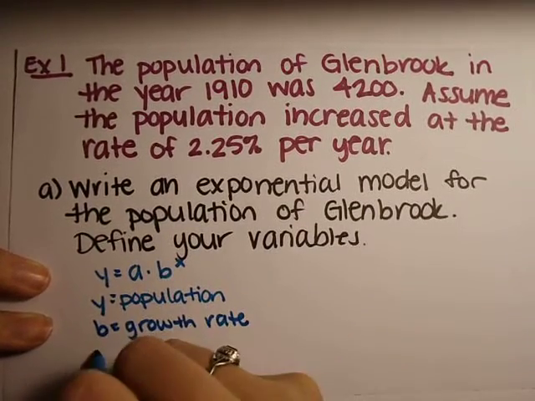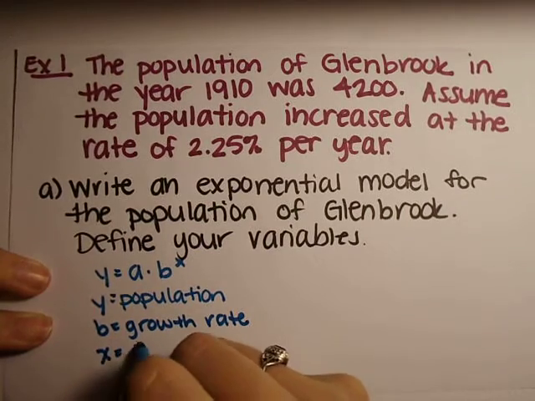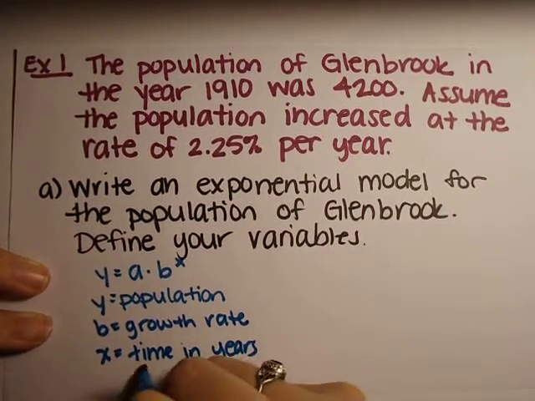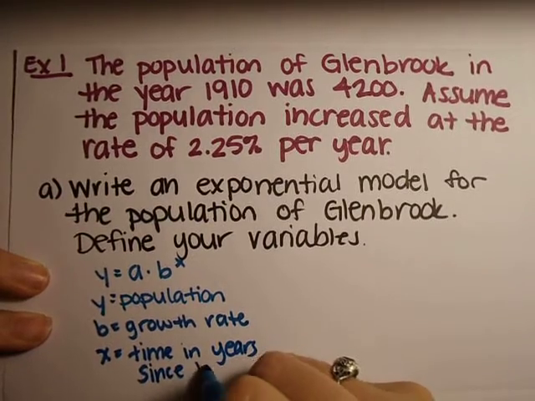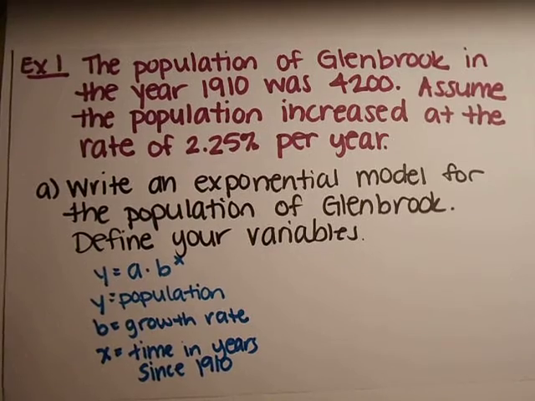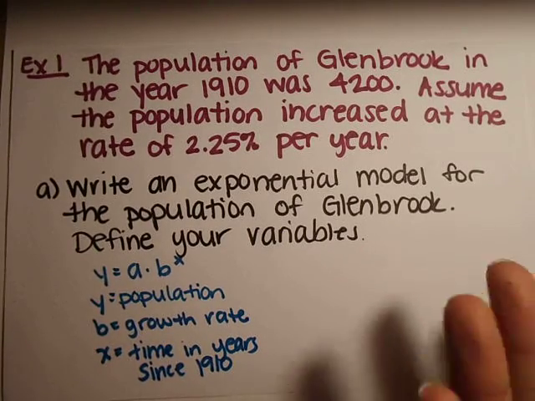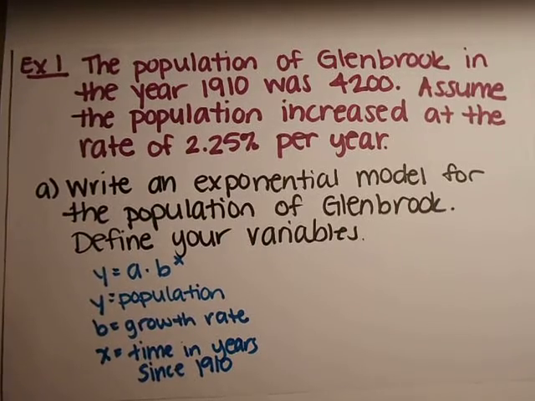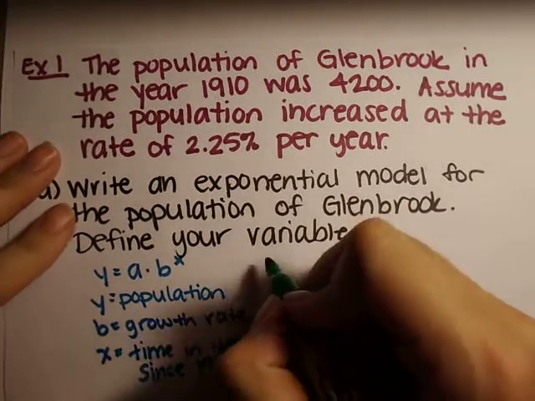And x will be time in years since 1910. It's a lot easier to talk about years since 1910 because year 0 will be the start at 1910. So here, a is our initial value.